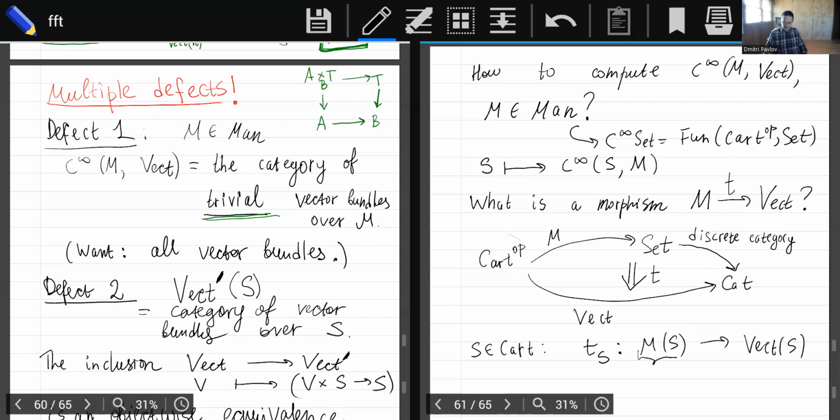Let's recall that this category only has identity morphisms, so to specify a functor out of a discrete category, I only have to tell you what happens to objects. Objects in this category are smooth maps from S to M, say a map f from S to M. Such an object must map to some object of Vect(S).